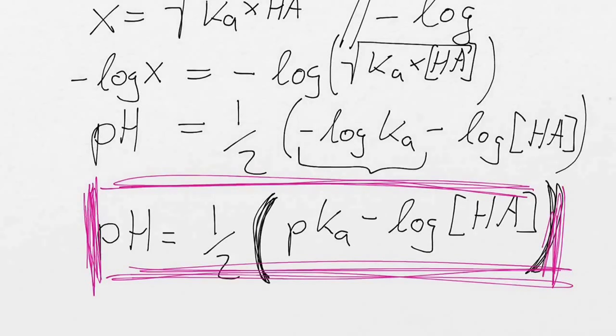Let's do a little example. Let's say I have an acid with a pKa of, let's say, 3, and I have a 0.1 molar solution.